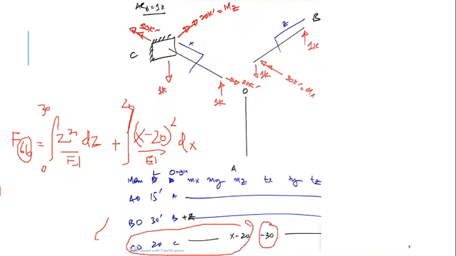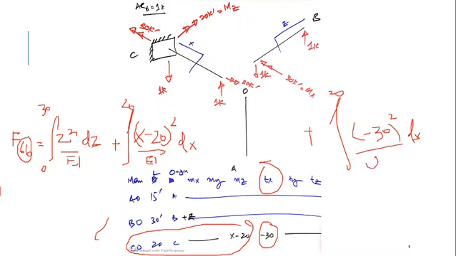Finally, this minus 30 has to be multiplied with itself, so it would be minus 30 squared, dx, and the limit is 20, but it has to be divided by 0.8 EI. Instead of dividing it by simple EI, you have to divide it by 0.8 EI, because this is a torsion.